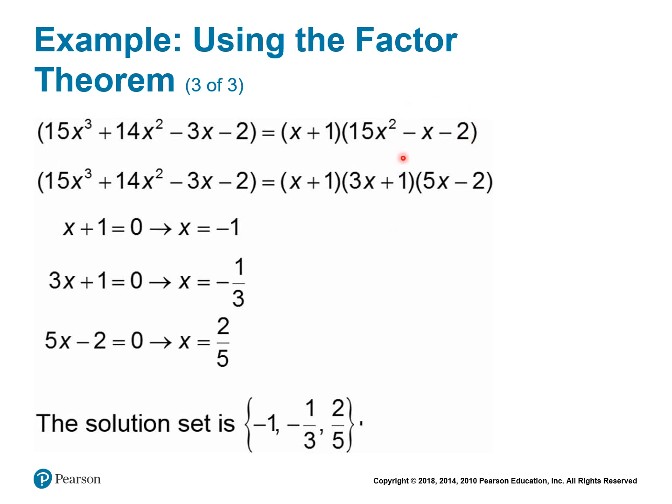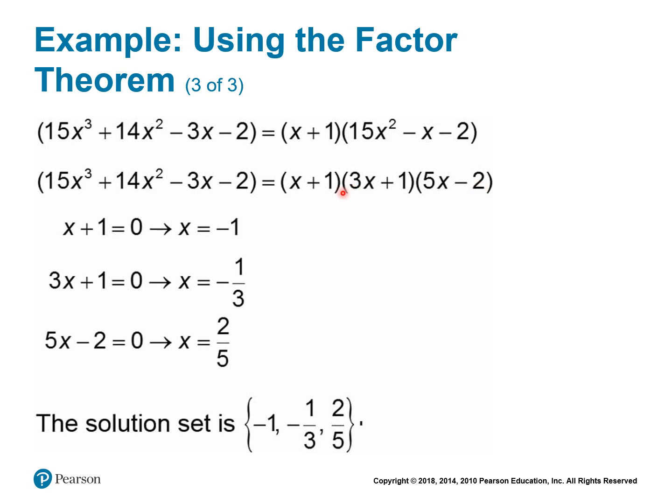And when we did that using the factoring method, we get 3x plus 1 times 5x minus 2, and we see that the entire polynomial 15x cubed plus 14x squared minus 3x minus 2 is now in completely factored form. X plus 1, 3x plus 1, and 5x minus 2.